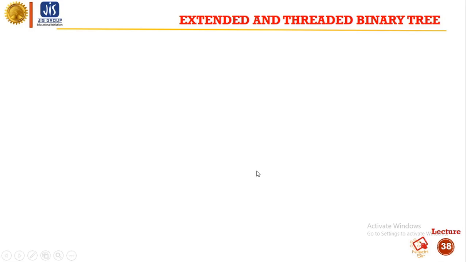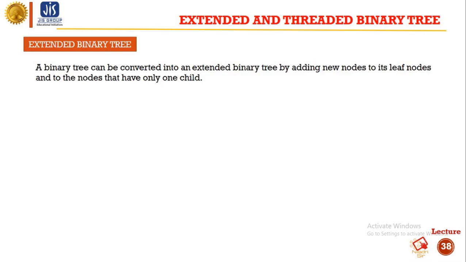Now, what are the extended and threaded binary trees? A binary tree can be converted into an extended binary tree by adding new nodes to its leaf nodes and to the nodes that have only one child. If a node has no children, we can add some children, and if any node has only one child, we can also add a child.